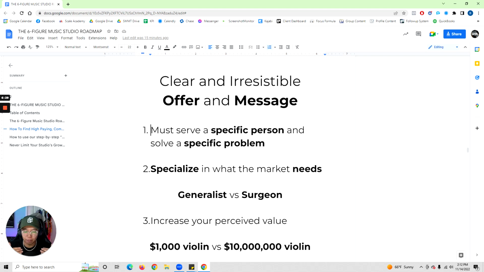And for you as a music teacher, especially if you're a really great teacher, you have a lot of experience, and you're really confident in your teaching, you need to flex that. Be the surgeon in the marketplace, show what you're worth.